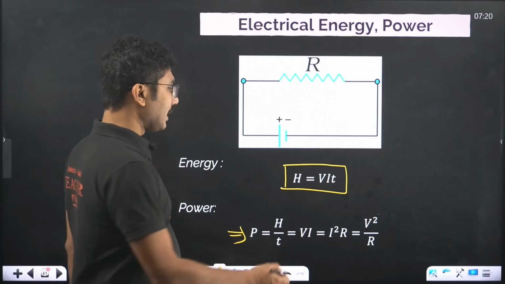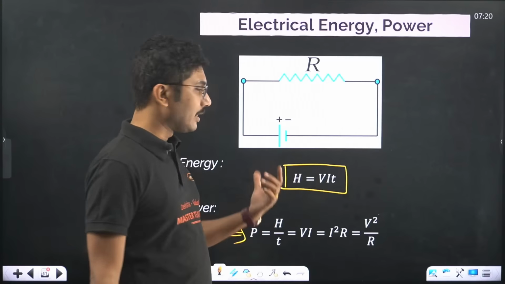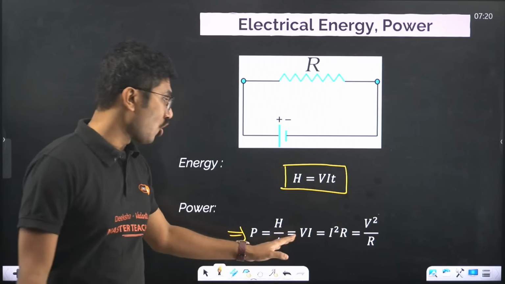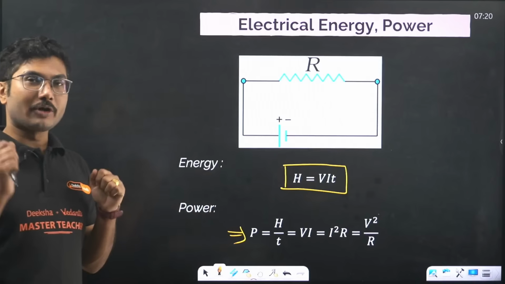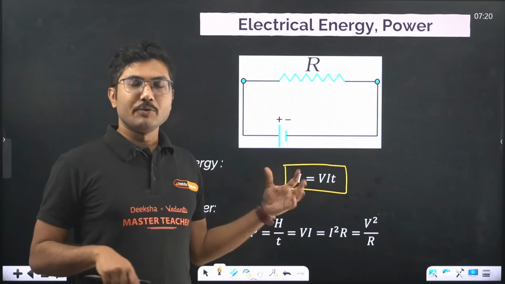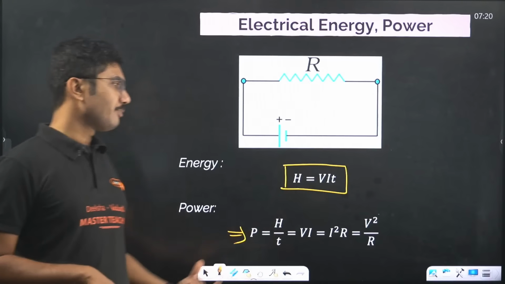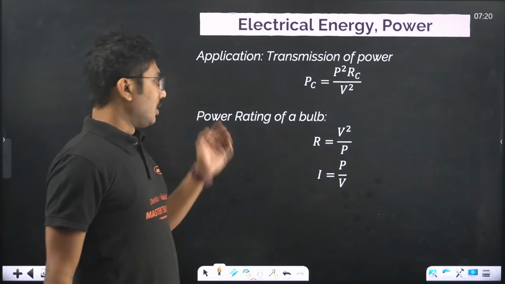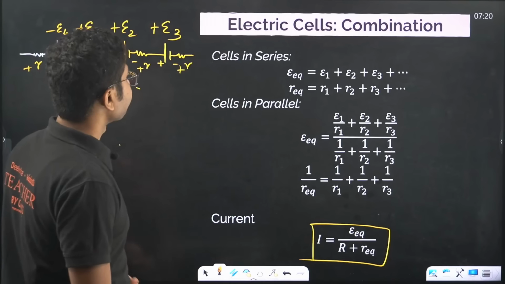So if you want to find the power with respect to change in voltage, you have to use V square by R, not VI. VI is only when you know V and I and want to find the power. So this is also not required.